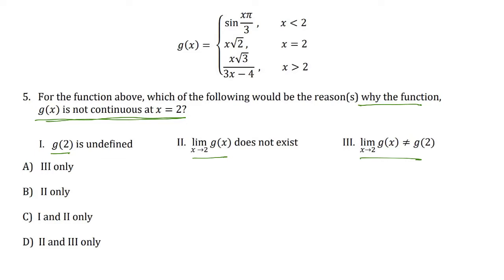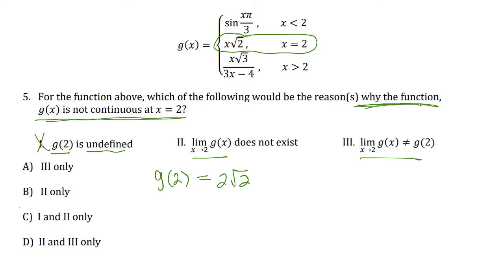So for the first one, we need to see that g at 2, it says, is undefined. Well, right here we see g at 2, though. I don't think that's really going to be truthful, is it? Because I see that g at 2 is going to be 2 square root of 2. Okay, now let's see, so that can't be why the function is not continuous, so let's cancel that out.